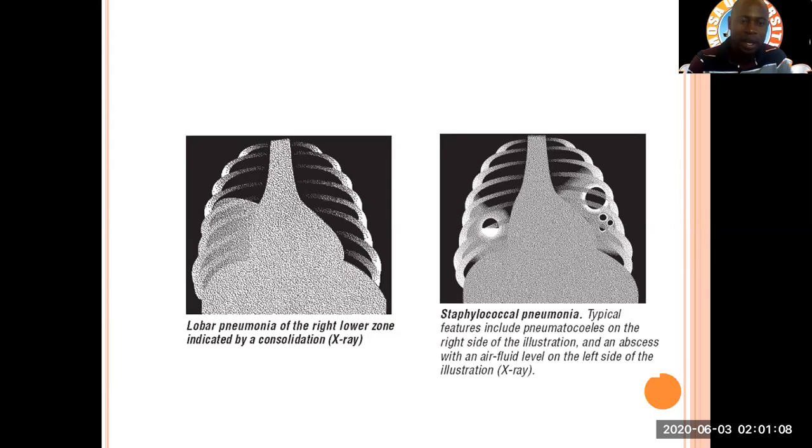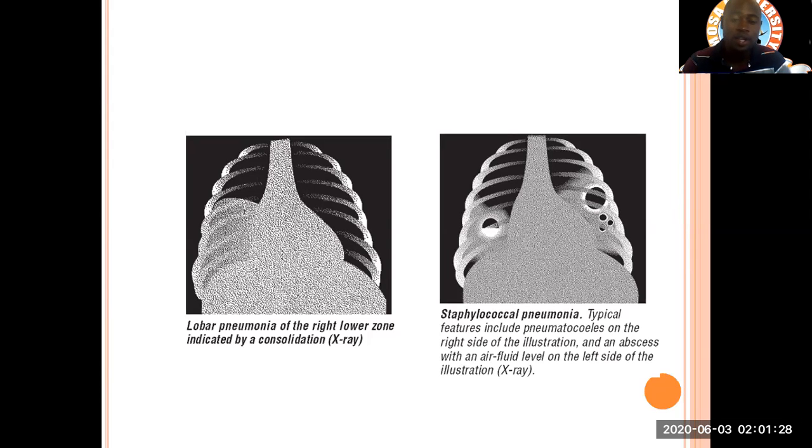Below there are examples of chest X-rays that I've put for you so that you may look at them and nicely appreciate. The first one there, you can see the type of pneumonia that is there. Remember in our introduction we said we define them according to their anatomic position.